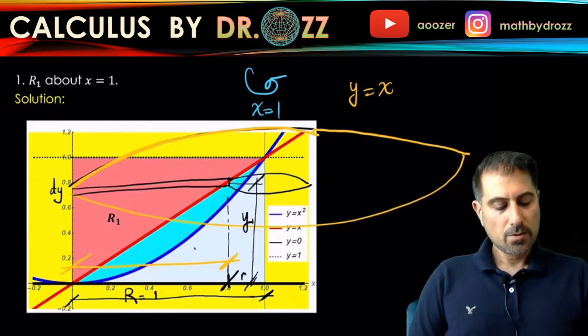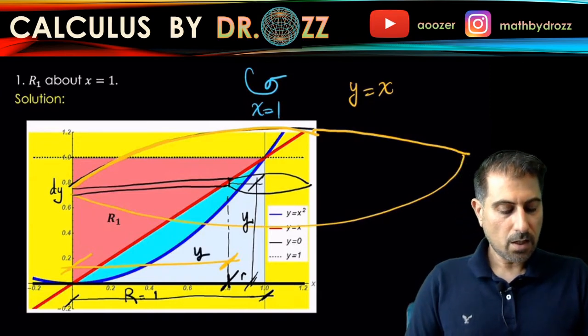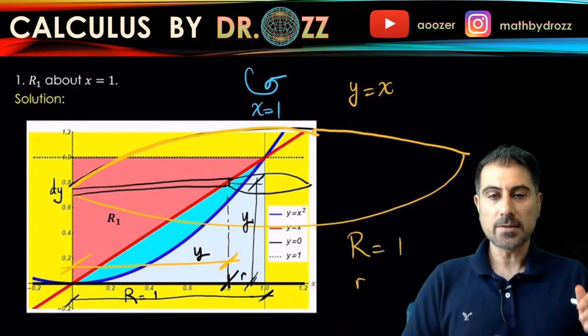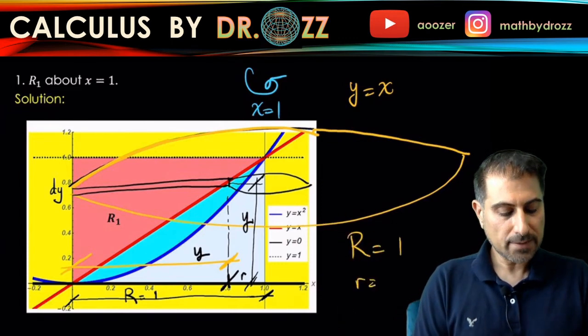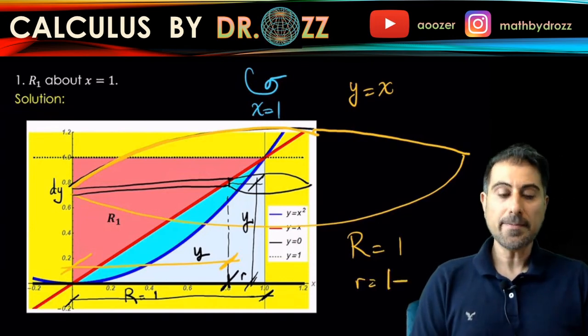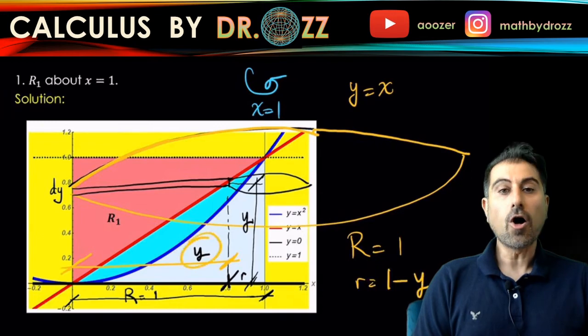Okay. So for that reason, since capital R is 1, little r is going to be the total length from the y-axis to the vertical line, which is 1, minus what we found to be that distance here, y. Okay. So 1 minus y is little r.